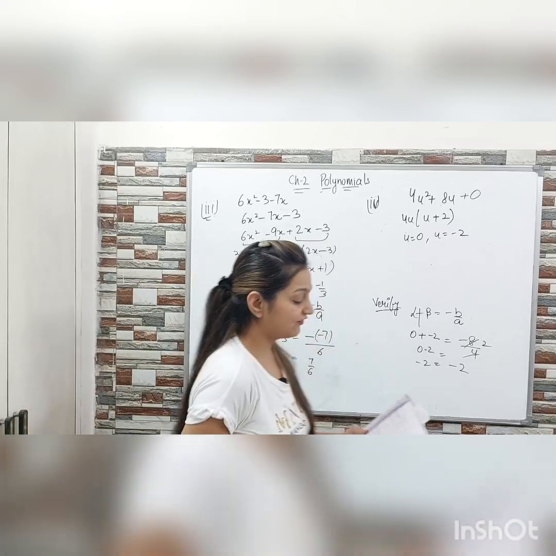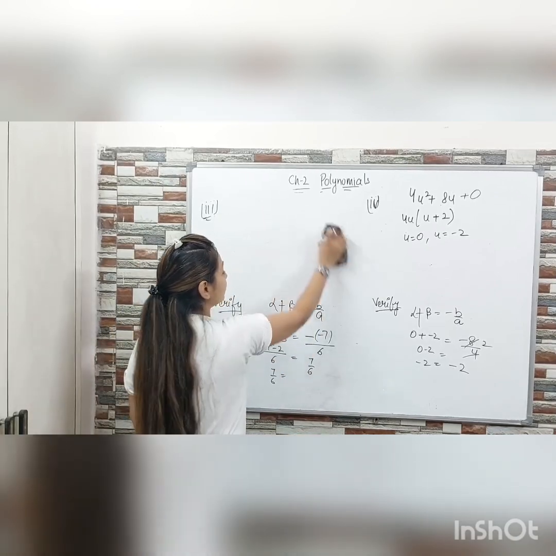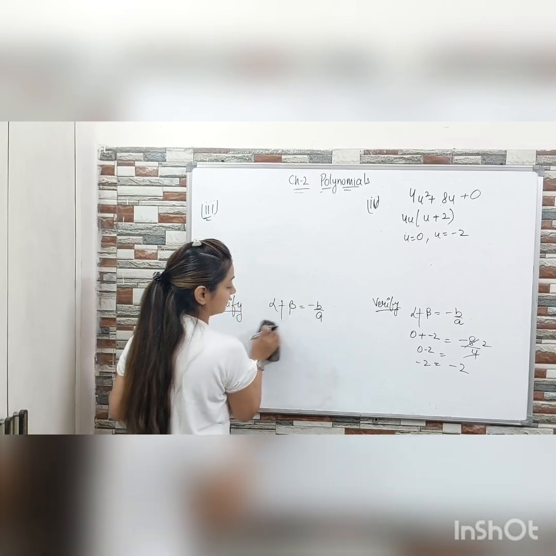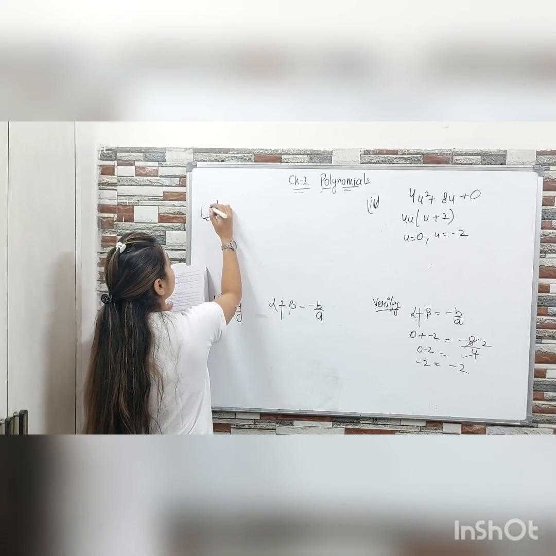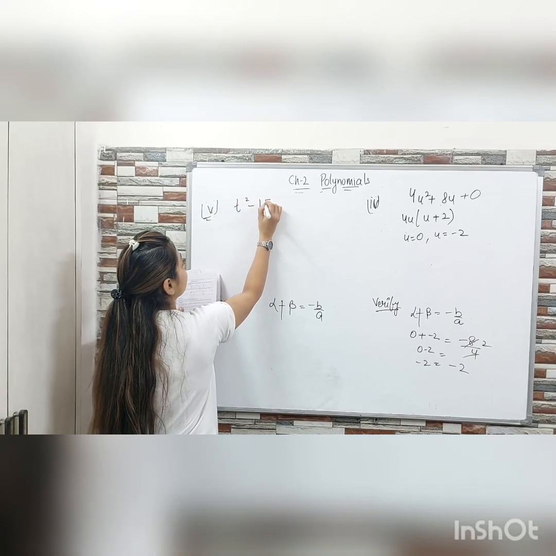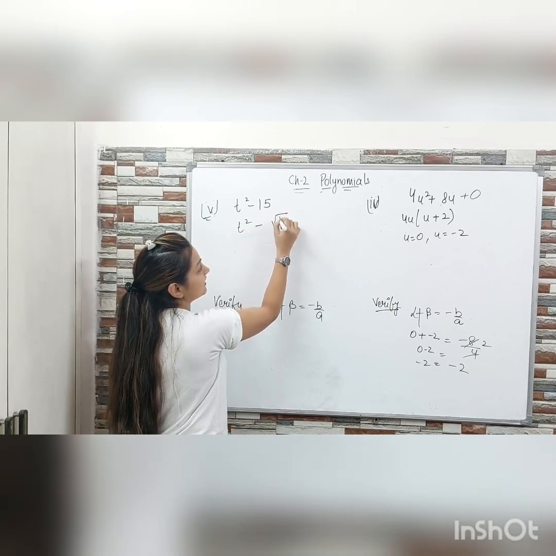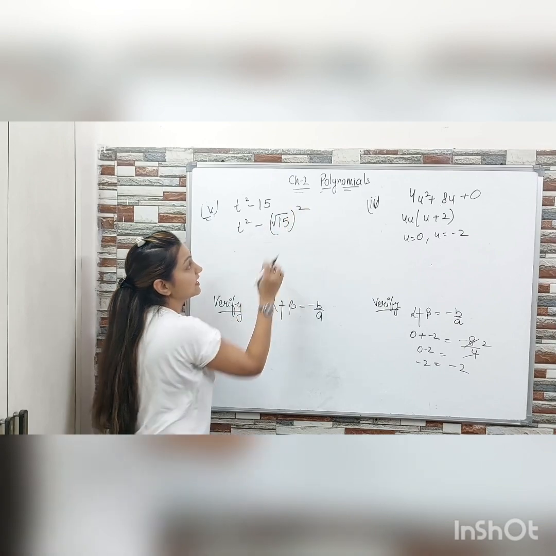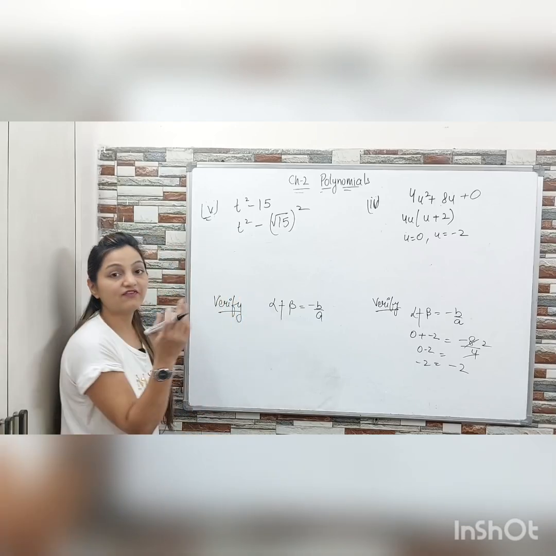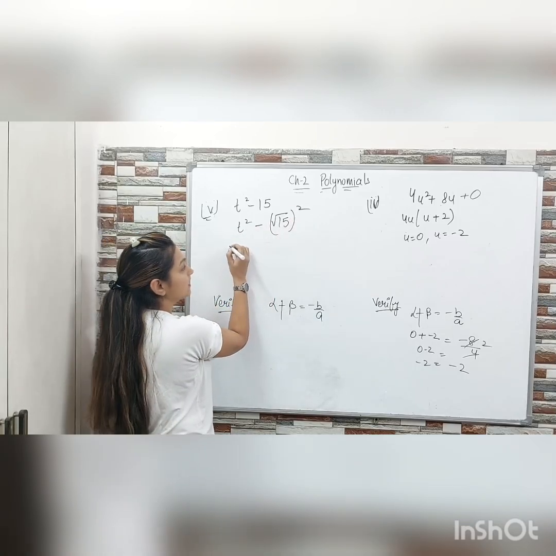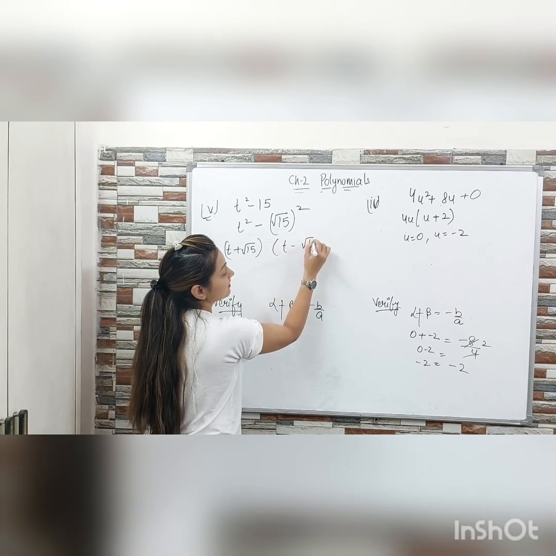Now I will come to the fifth part of the first question. Again we have only two terms here. The fifth part is t square minus 15. I will make it as root 15 whole square, to take out the factors: a square minus b square is a plus b, a minus b.